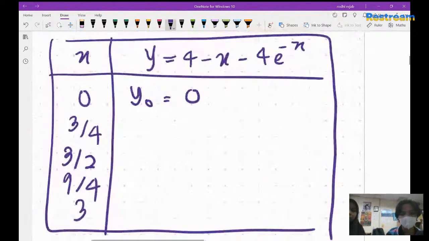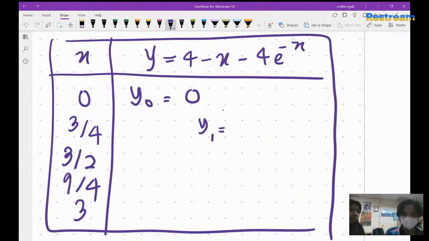Then substitute the values. y1 equals 1.3605. If I am mistaken, please tell me in the comments because I'm not quite sure as well.